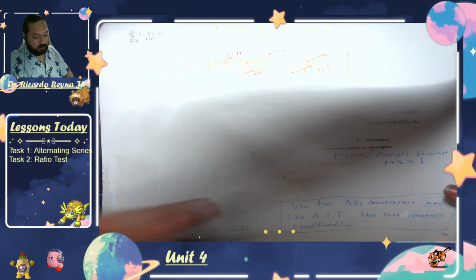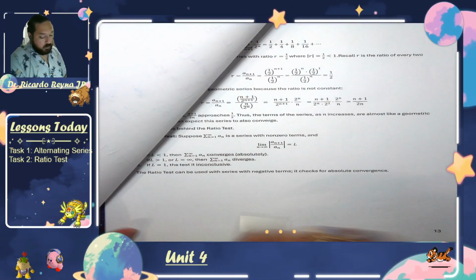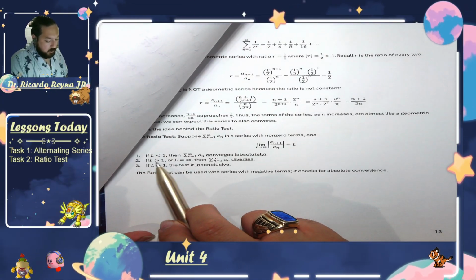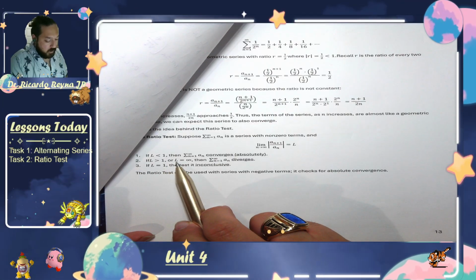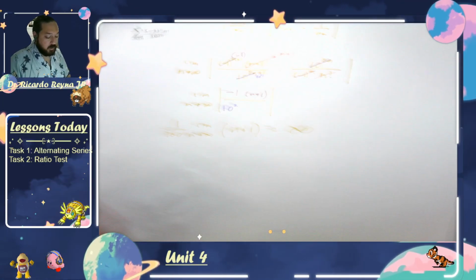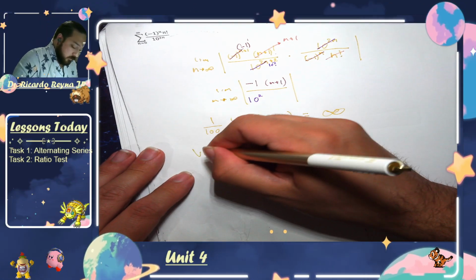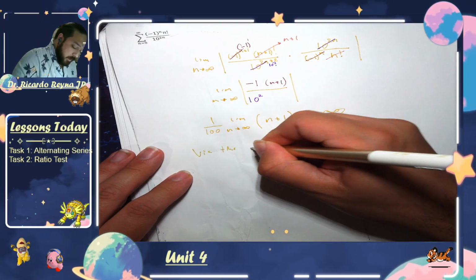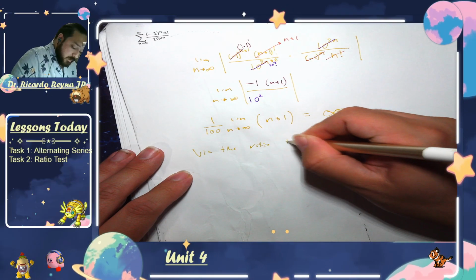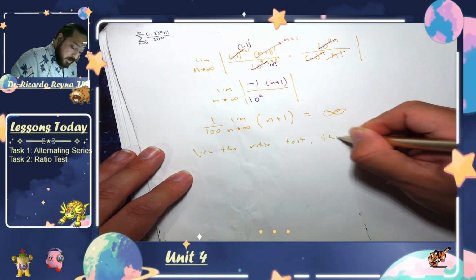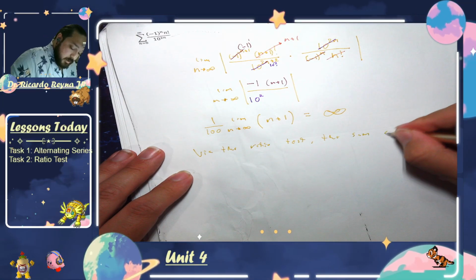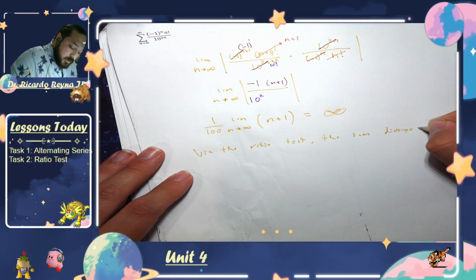And we have the following. It says, if L is greater than 1 or L is infinity, then the sum diverges. So via the ratio test, the sum diverges.